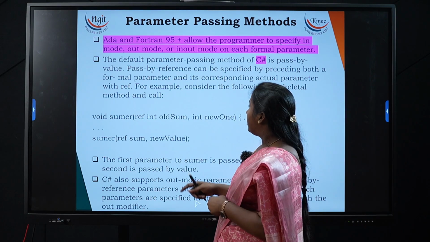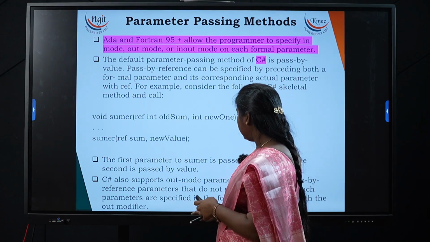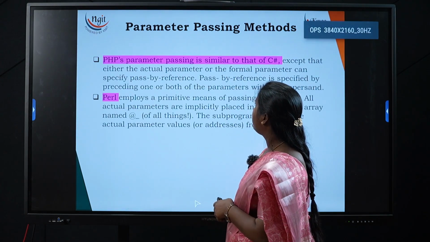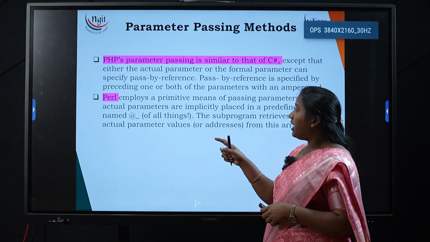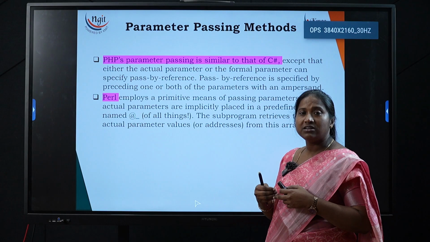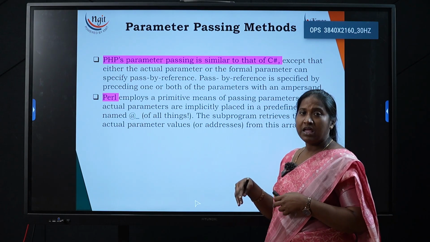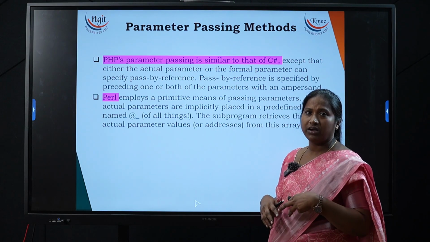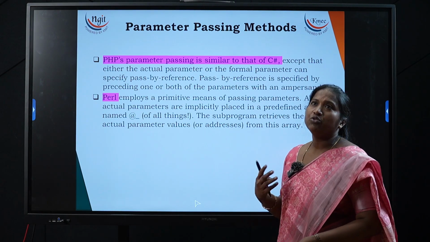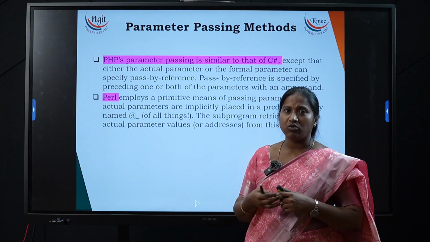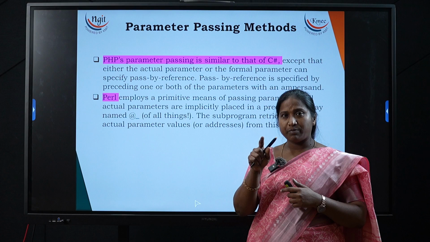Now let us see the other set of languages: PHP and Perl. PHP parameter passing methods are copied from C#. And Perl is a different language we were seeing from the second unit. In Perl, when you want to start a variable or an array with a token, we write a special symbol.